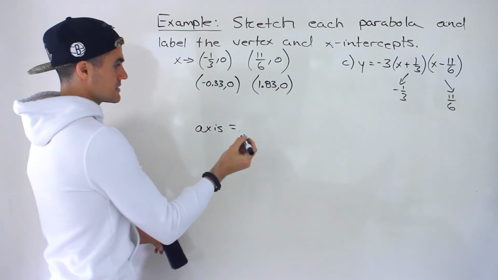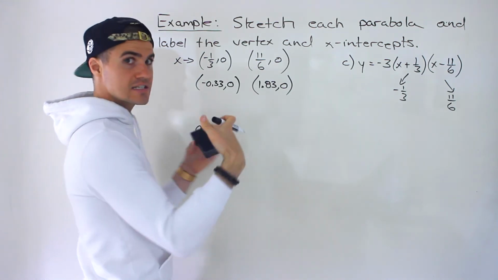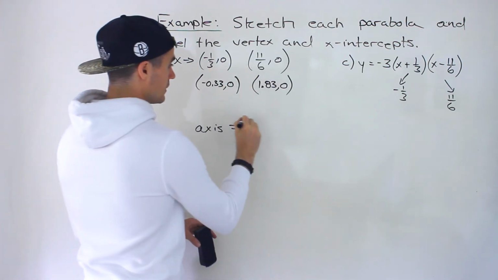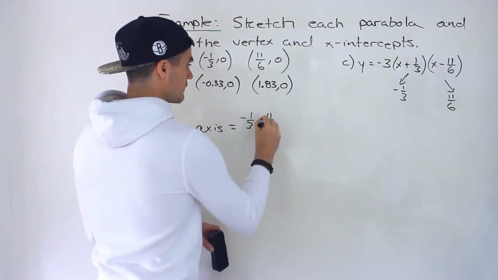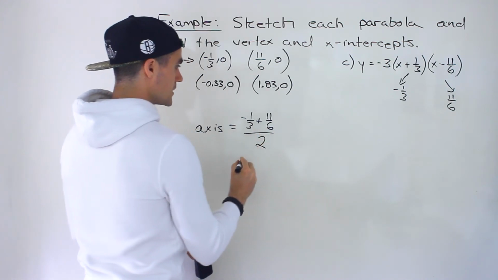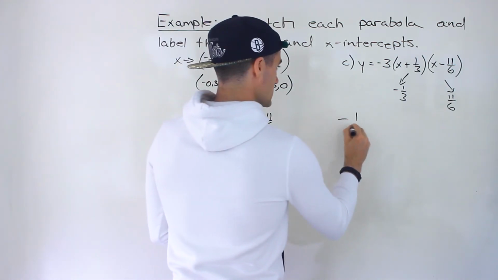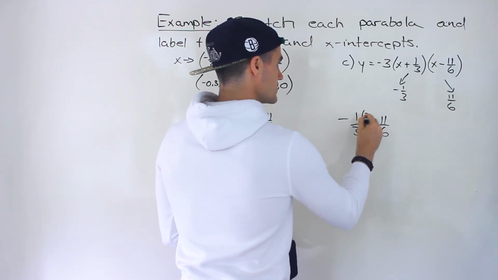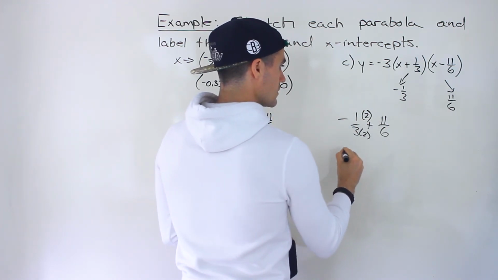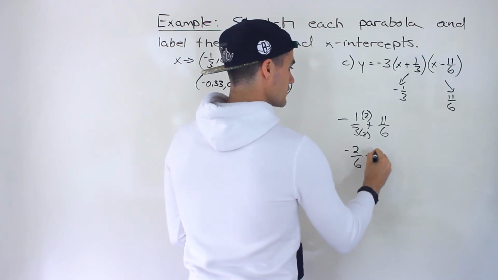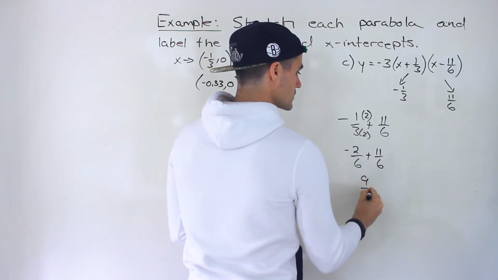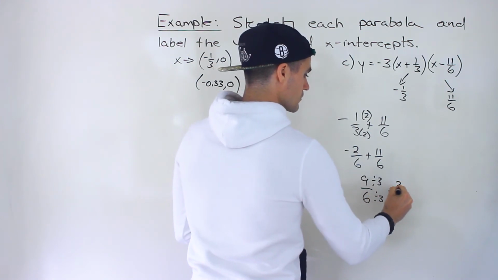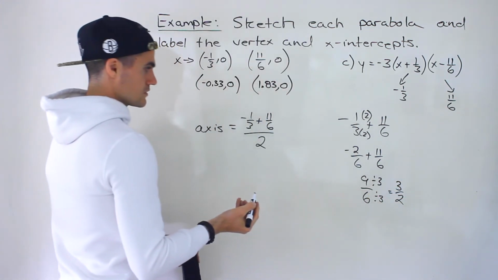Now from here, let's get the axis. The axis is going to be the sum of the x-intercepts divided by 2. So negative 1/3 plus 11/6, divided by 2. Let's do this on the side. This by 2, this by 2. So we'd end up with negative 2/6 plus 11/6, which would give us 9/6. Divide by 3, divide by 3, which would be 3/2.